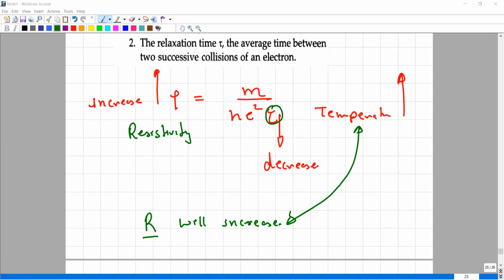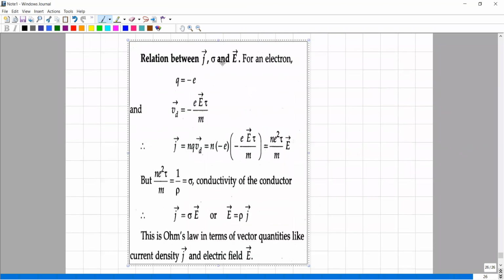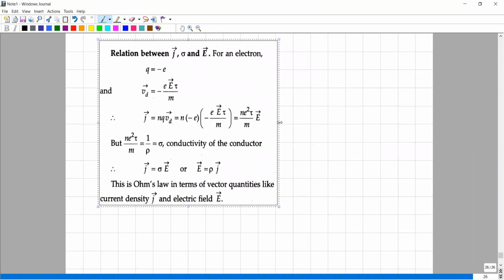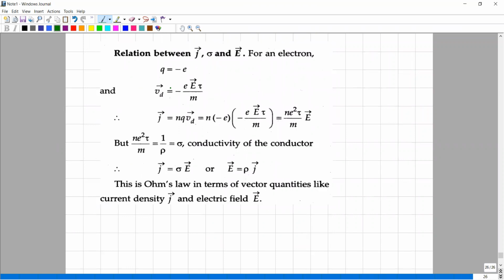Now another very small topic here: the relation between the electric field, current density, and conductivity. Drift velocity is equal to minus eE tau by m, and current density you will have as nqvd. This we have done.